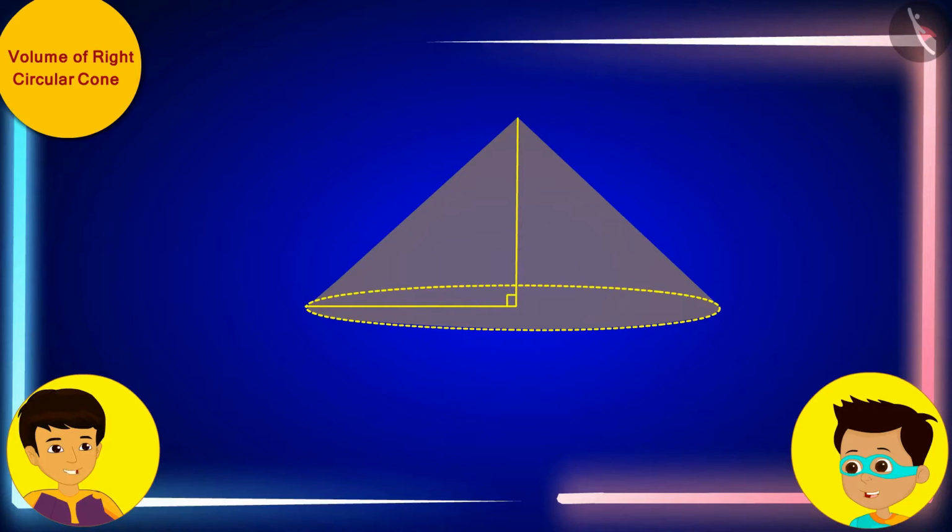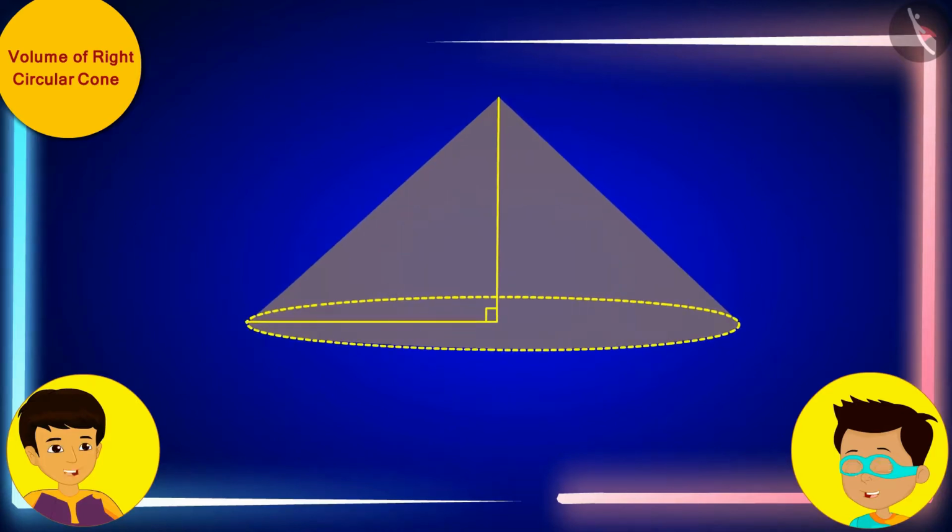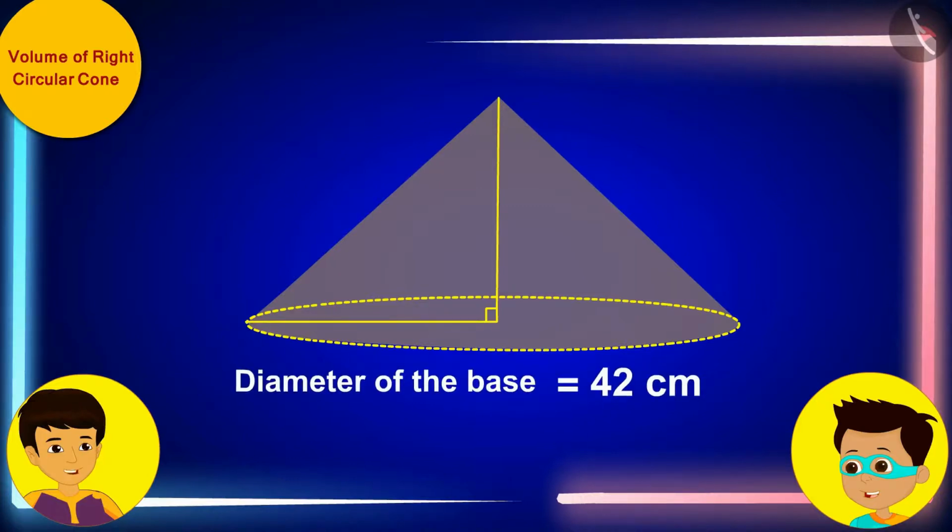Let me quickly measure them. The diameter of the base of this conical sand pile is 42 centimeters and its slant height is 29 centimeters.